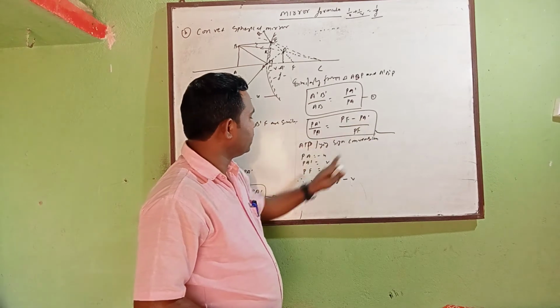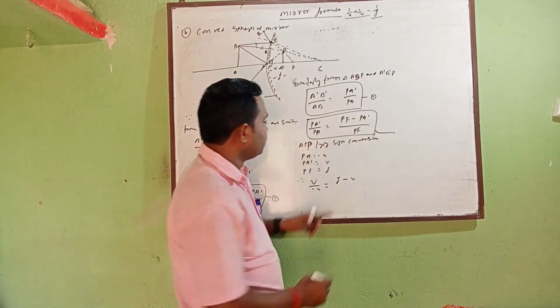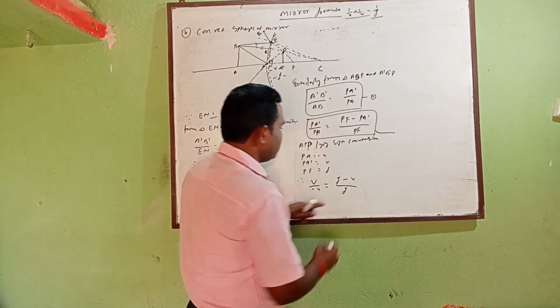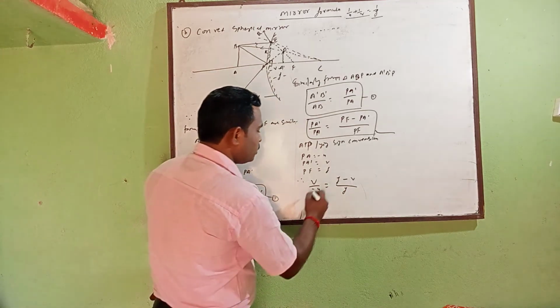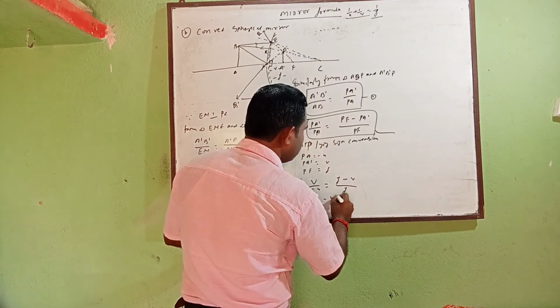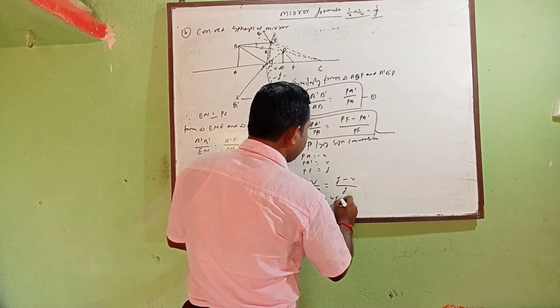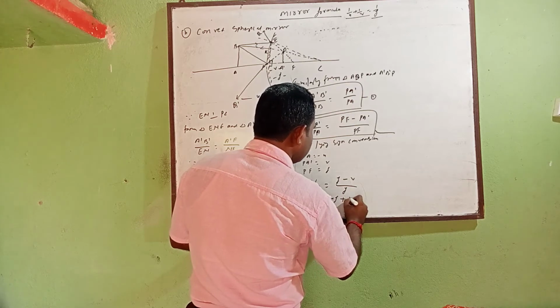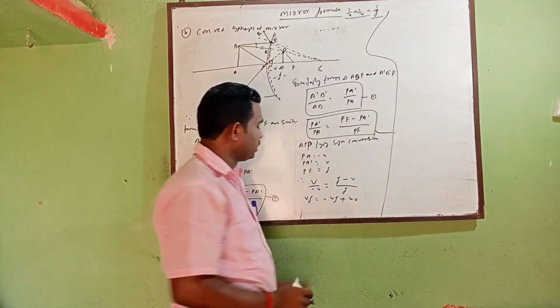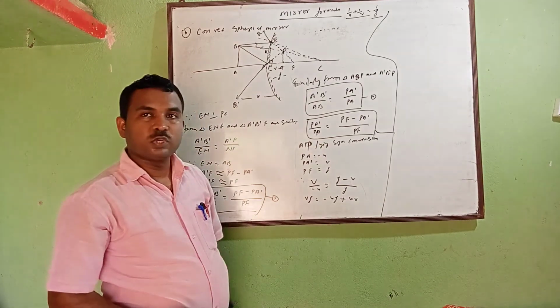This is PA dash V divided by PF, which is F. You can cross multiply. So you will write VF equal to minus UF, and minus here will be plus UV. Now again you will divide by UVF on both sides.